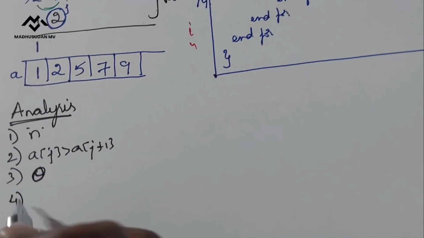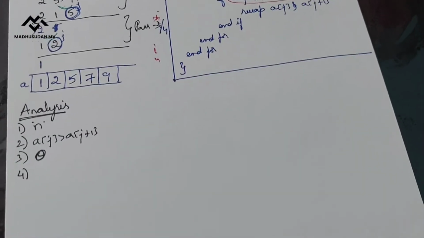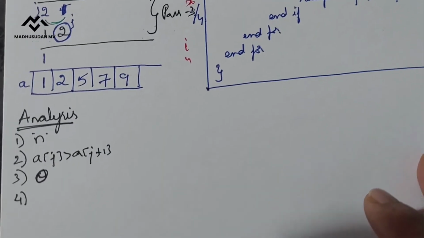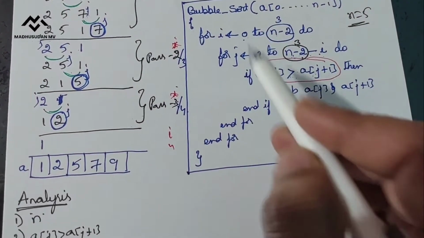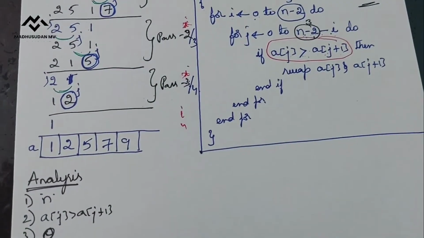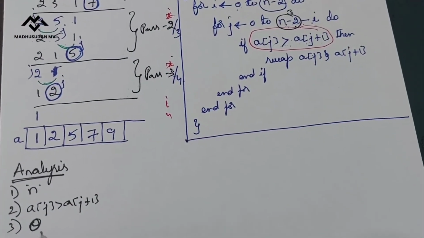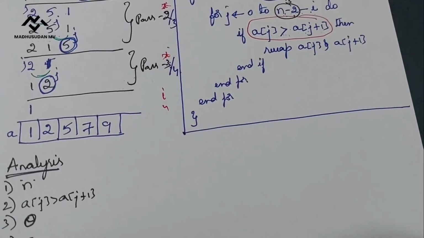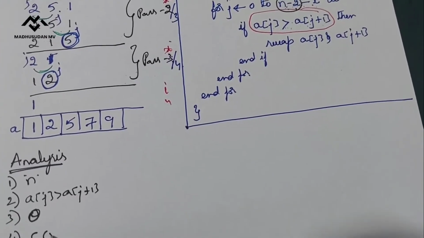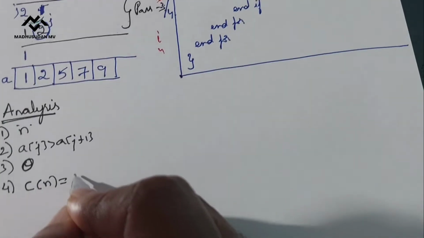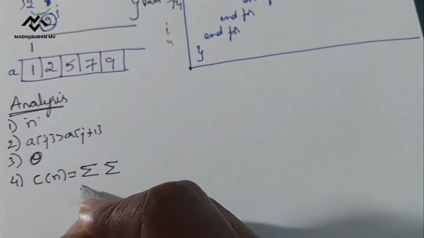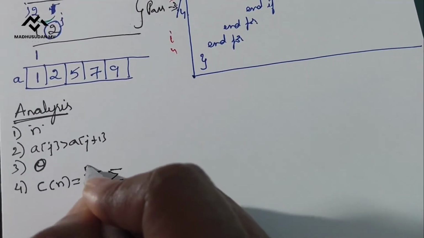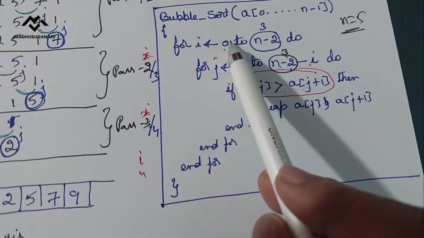Now fourth step, since it is a non-recursive algorithm, we need to express how many times this basic operation is executing in terms of some expression. Here two for loops are there in our algorithm, so we are using two summations. Since it is the comparison operation, I am writing C of n equal to summation, two for loops, two summations. The first for loop is i equal to 0 to n minus 2.